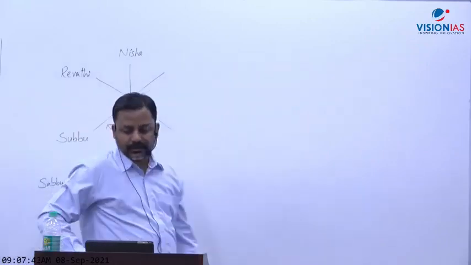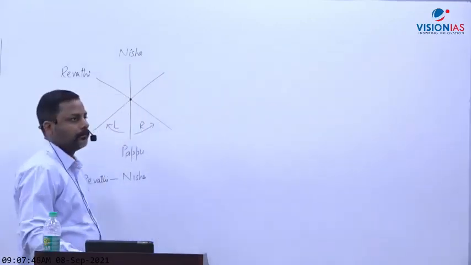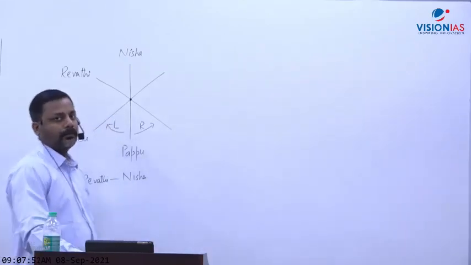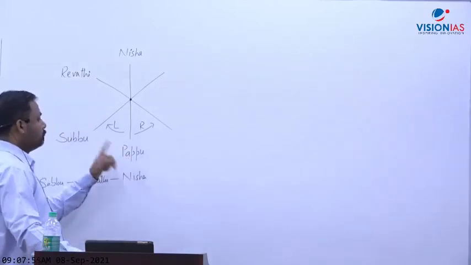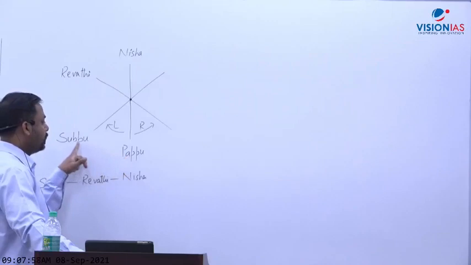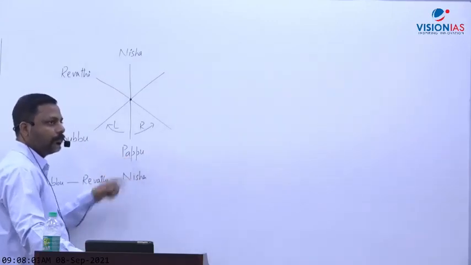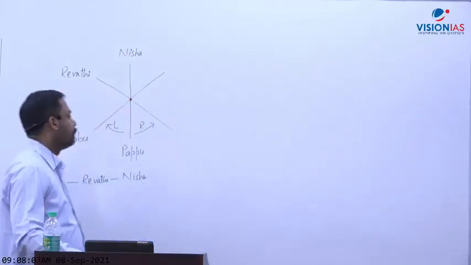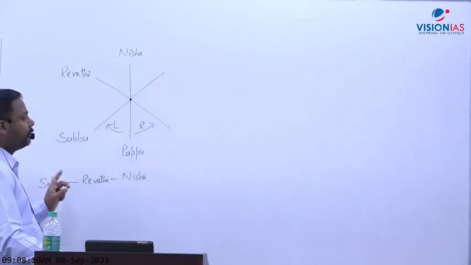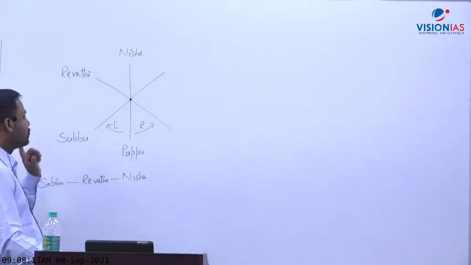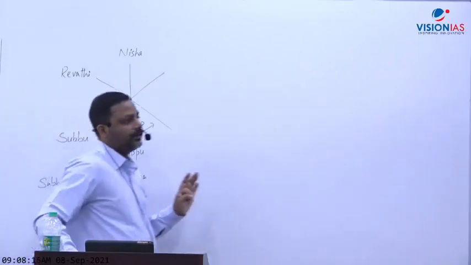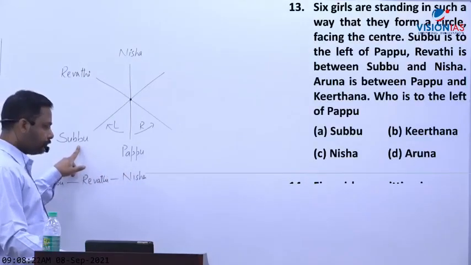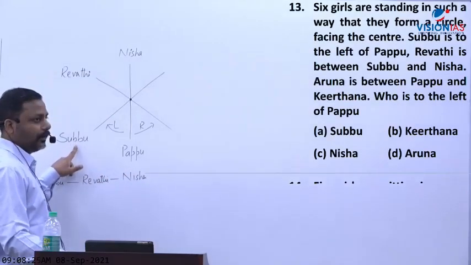Now the next information is Aruna is between Pappu and Kirtana. Again the same thing. Aruna is next to Pappu. We cannot place Aruna on the left hand side of Pappu because here already Subbu is there.